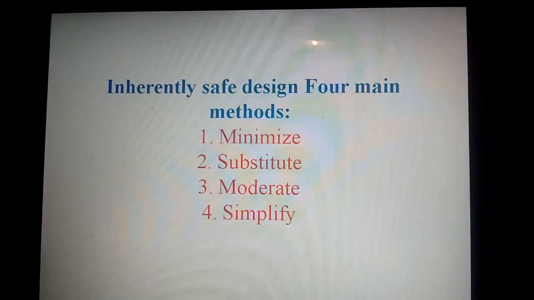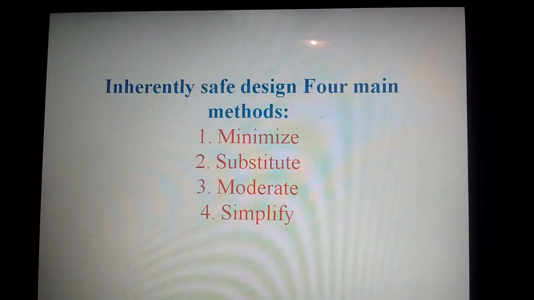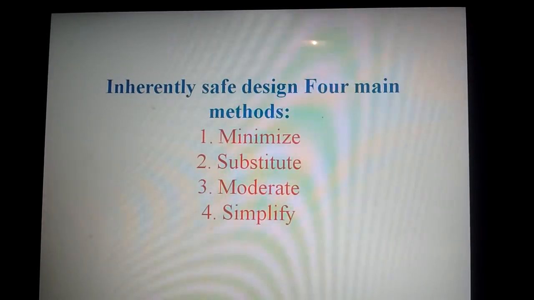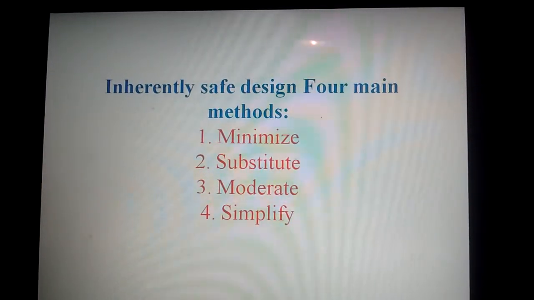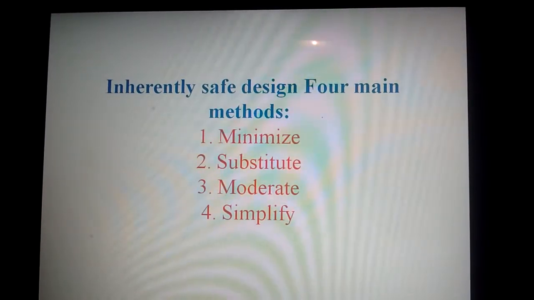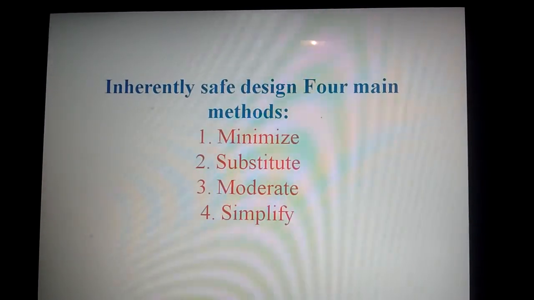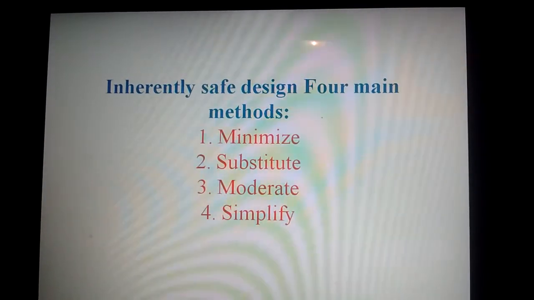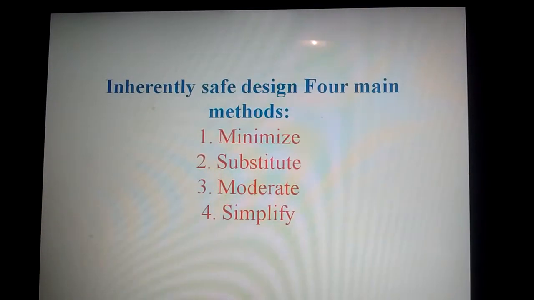Then another is simplify. It means designing out problems rather than adding additional equipment or features to deal with them. So these are the four main methods for inherently safe design: minimize, substitute, moderate and simplify.